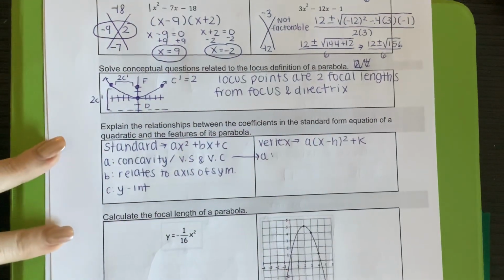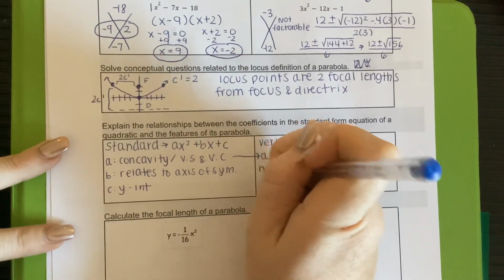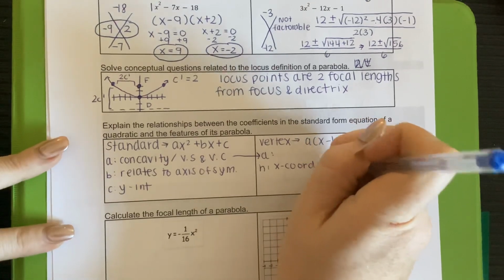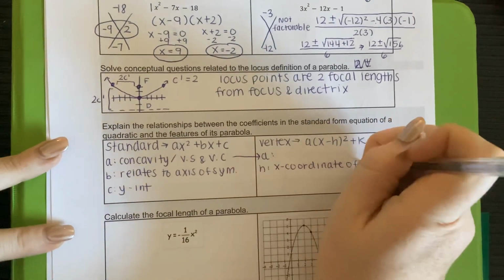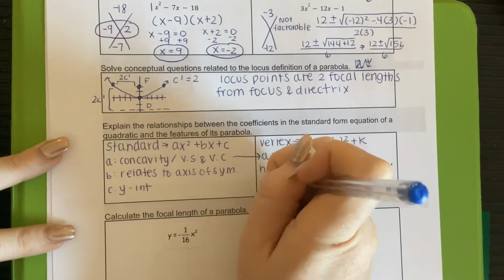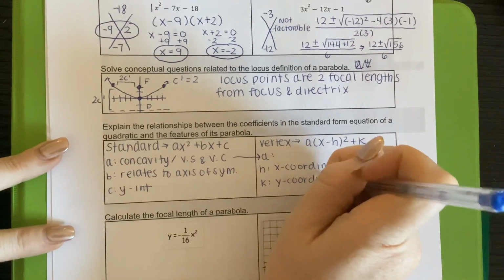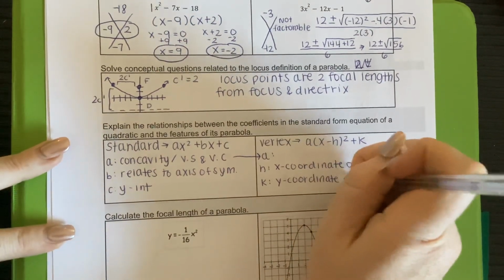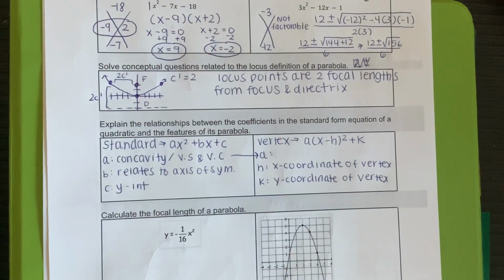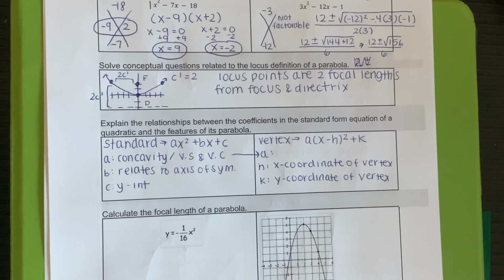Your h value is the x coordinate of your vertex, and your k value is the y coordinate of your vertex. So those are just the key attributes that you need to know based on the equation.